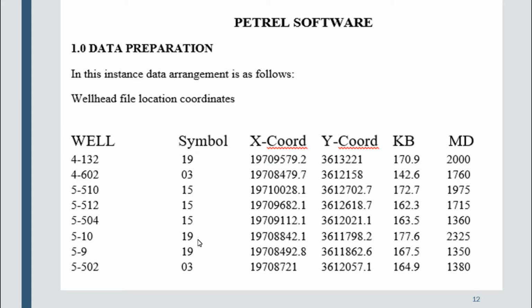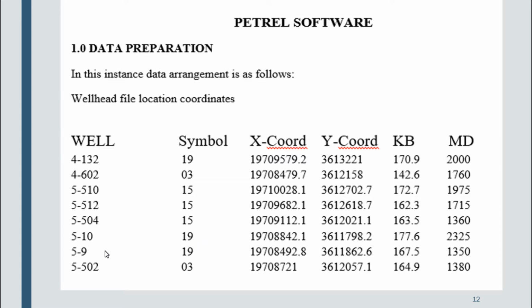For this symbol number 19, maybe it's an injection well. For symbol number 3, you may find it is a production well. And also well number 5510, number 19. Every symbol stands for a certain particular activity of a well. So 15, maybe it is a development well. It depends on the kind of symbol you have. So we have like 3 symbols here which are standing for our 8 wells.